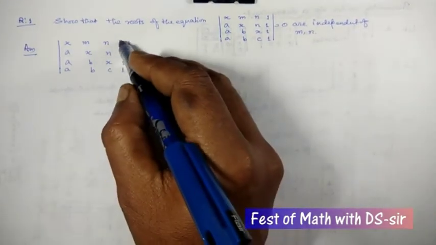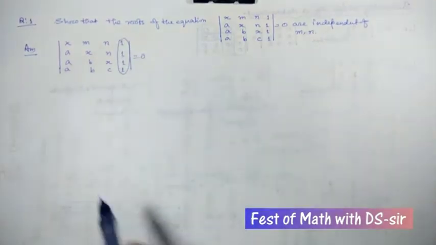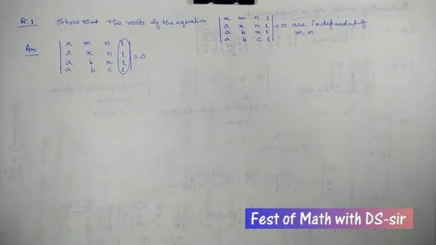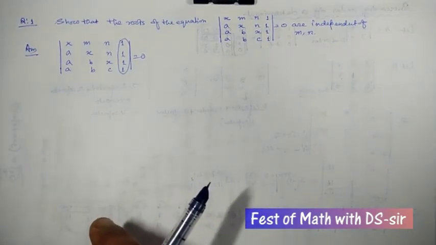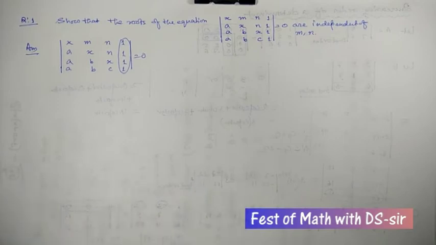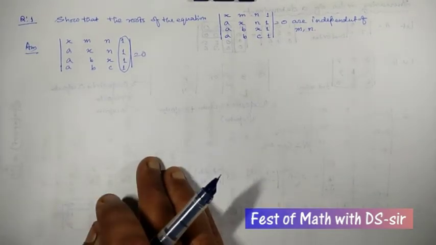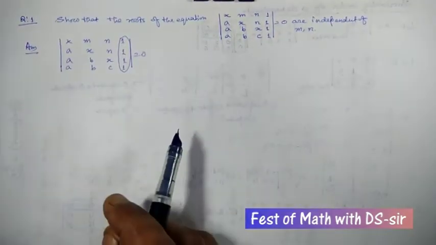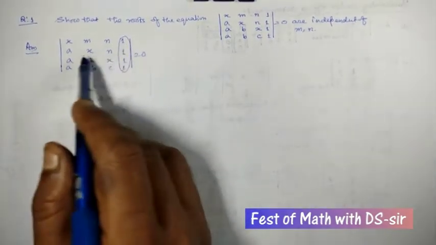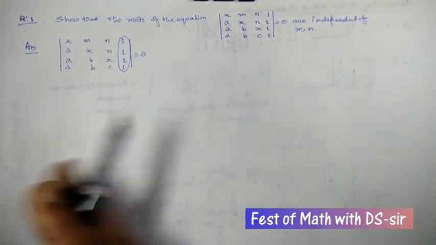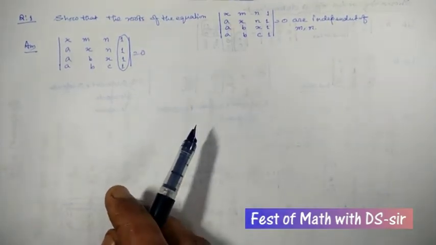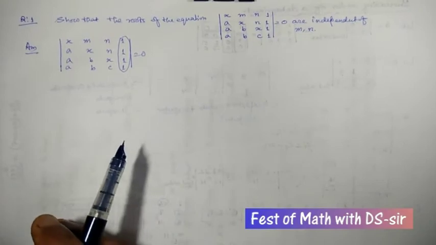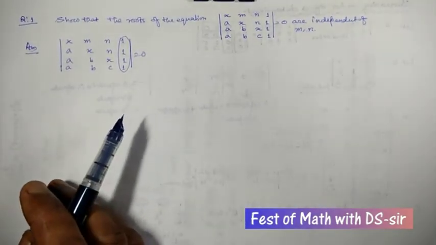In this equation, note that all the elements of this column are 1. If we get a row or column whose all elements are 1, then it will be treated as a prize opportunity, because you can make all other elements except 1 to 0 by subtracting the first row from the others, or the second row from the others, or the third row from the others, and then the degree of this determinant will be reduced on expanding.